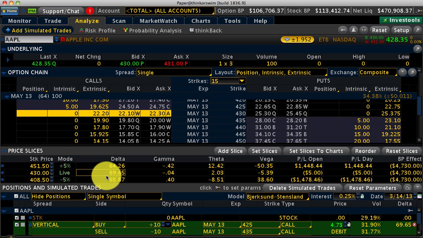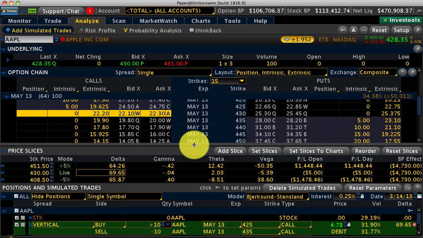But it may not be 490, it may be like 300 or 350 because the 435 call will be at the money, and therefore its option prices are going to get inflated, and that's your short call, and so your profits are going to be minimized on this.